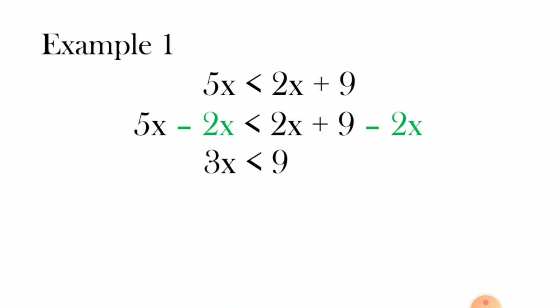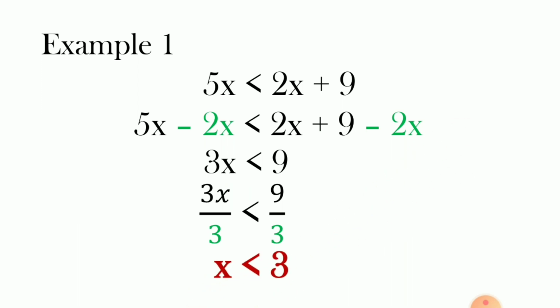So what is left is 9. Then divide both sides of the inequality by 3. So that is now 3x divided by 3, then 9 divided by 3. So x now is less than 3.